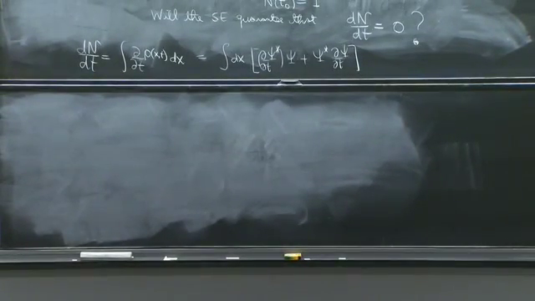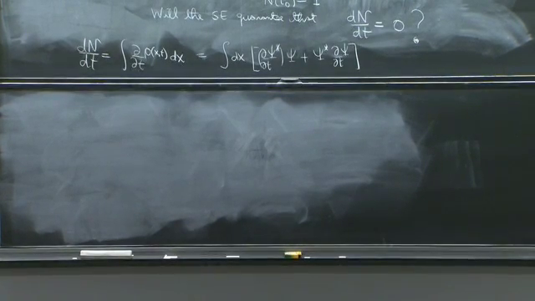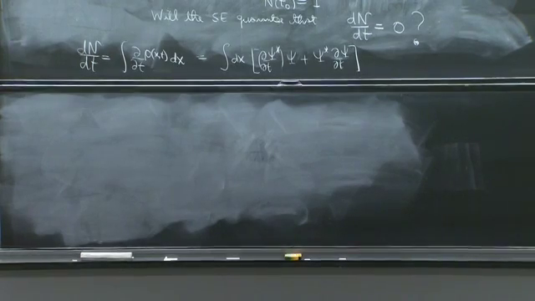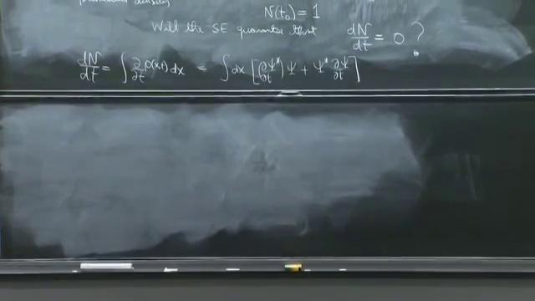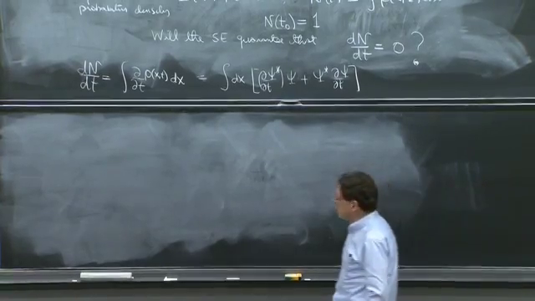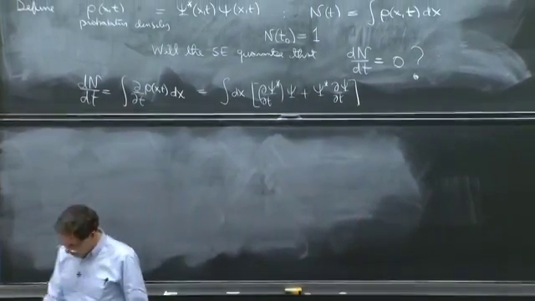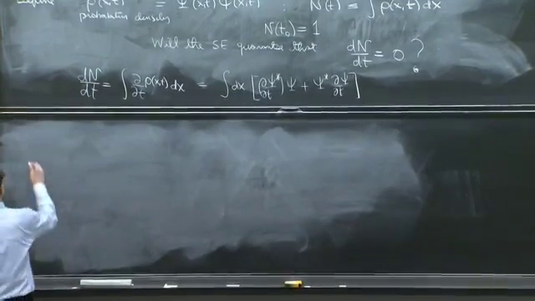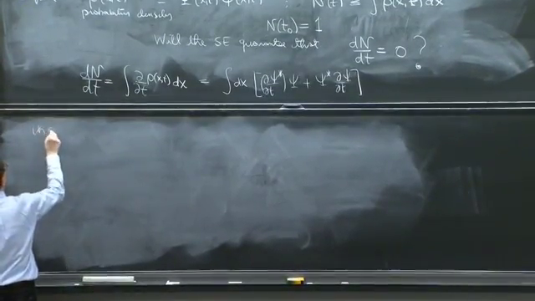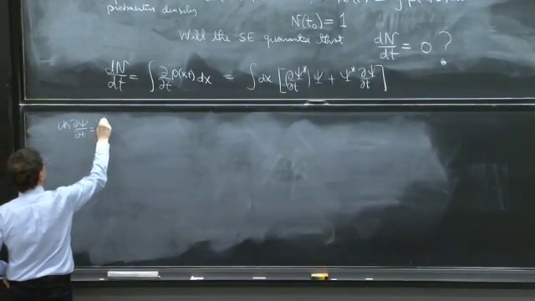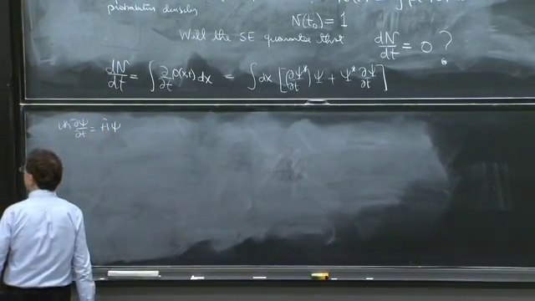Okay. And here you see, if you were waiting for that, that the Schrödinger equation has to be necessary because we have the d psi/dt, and that information is there with Schrödinger's equation. So let's do that. So what do we have? i h bar d psi/dt equals H psi.